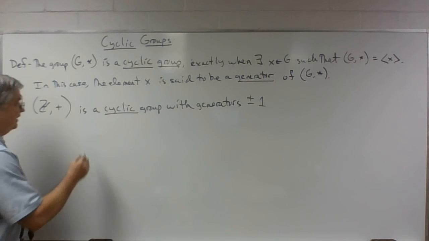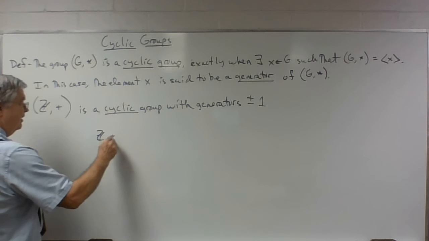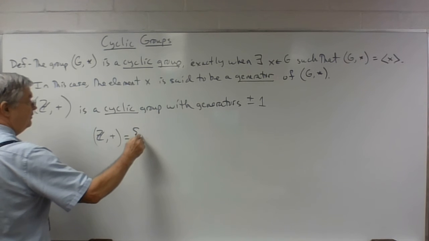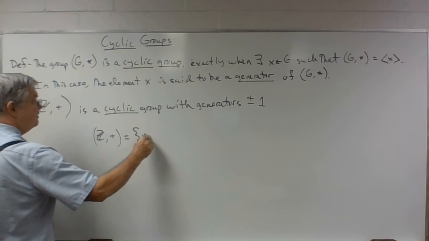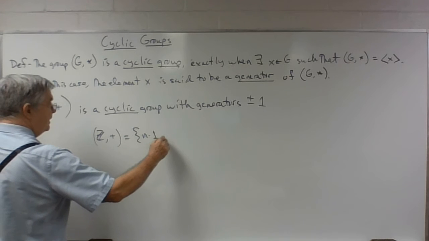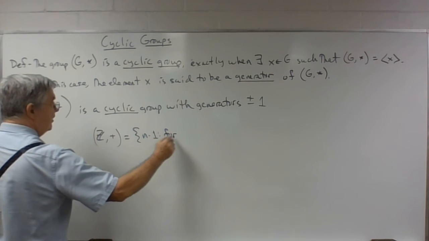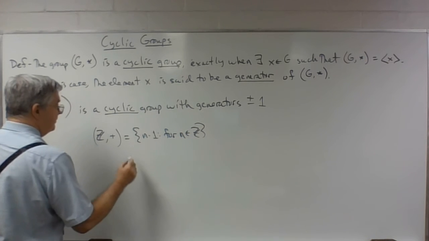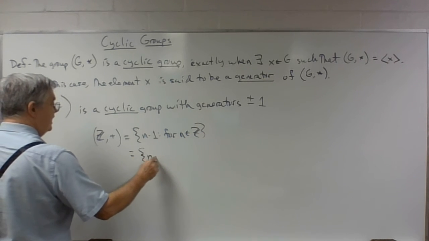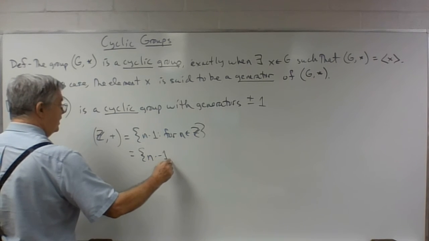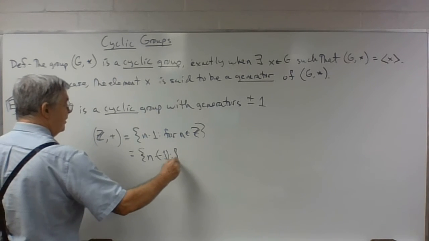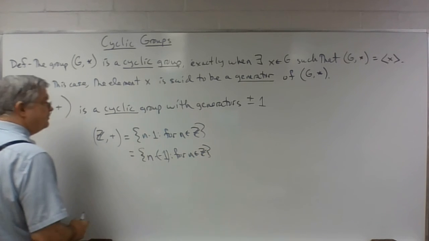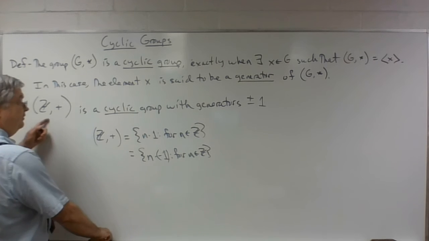And the reason I can say this is because Z equals the set of all elements n times 1, for n being any integer. And it also equals n times negative 1 for all integers n. So this is a cyclic group.